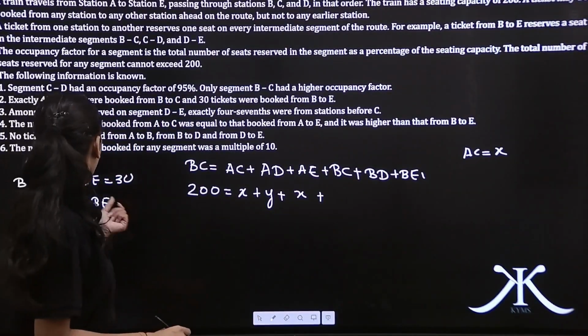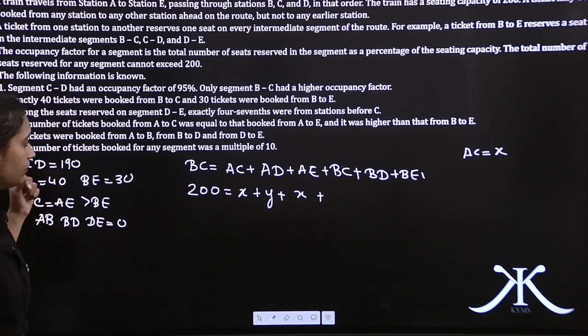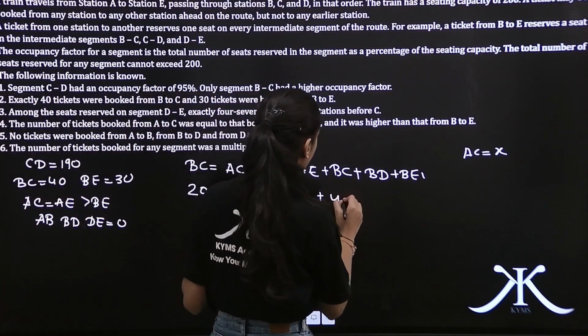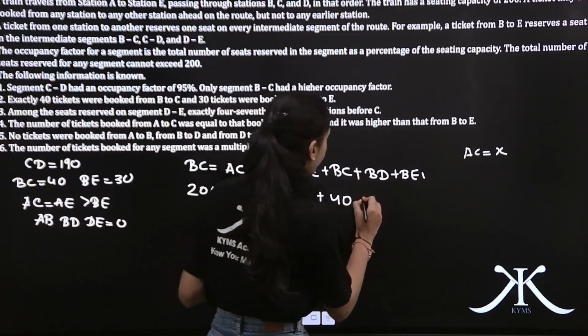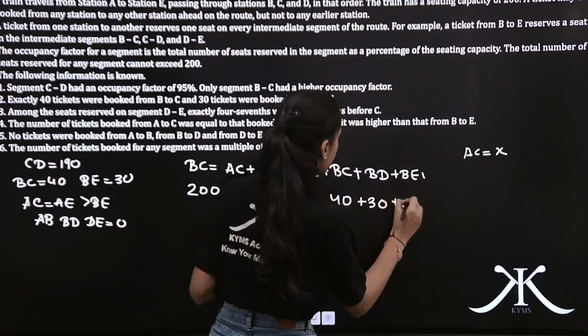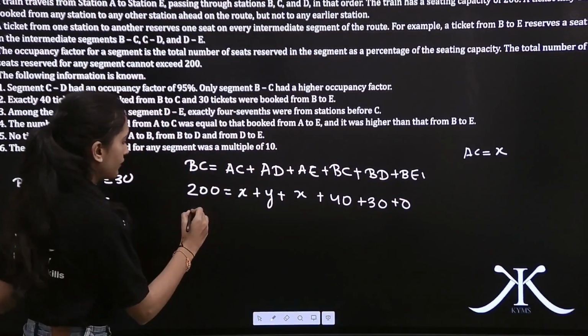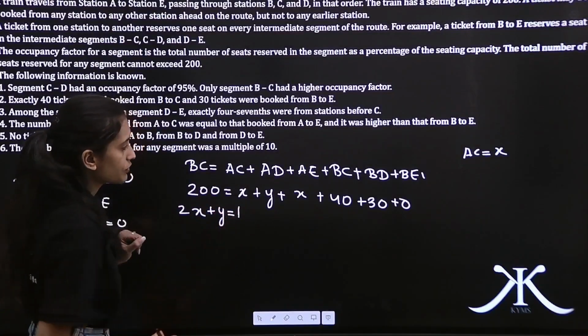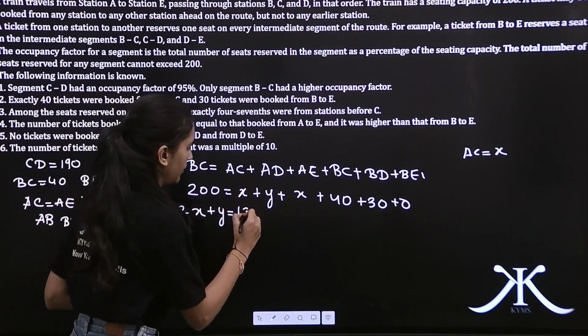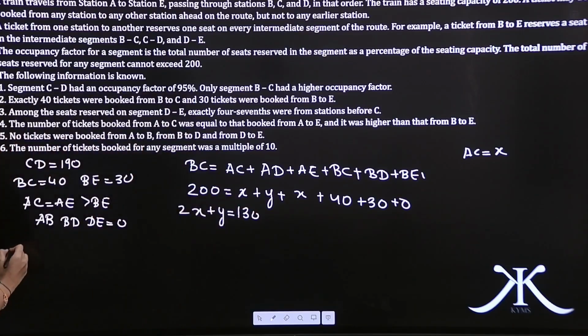Now BC we have 40, BE we have 30 and for BD it's 0. So after solving we will get the equation 2x plus y is equal to 130. So we got our first equation as 2x plus y is equal to 130.